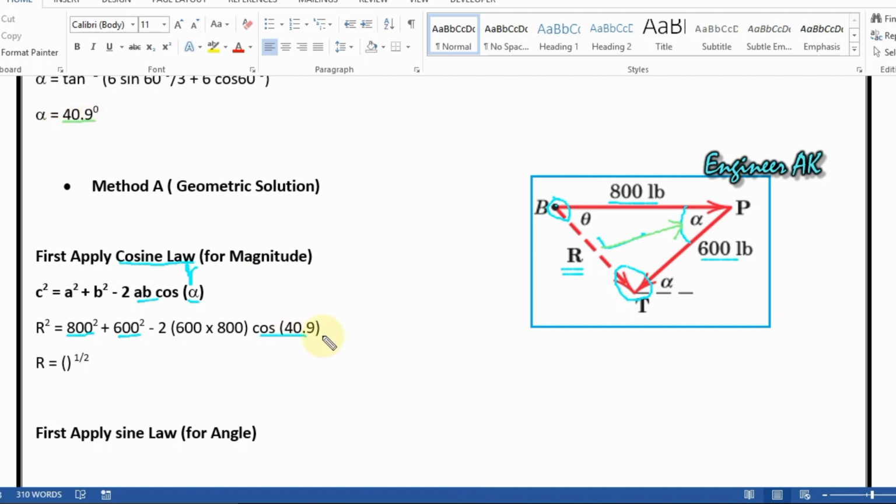So I have plugged in 40.9 degree, and then if you take the square root on both sides, we will just be left with r.